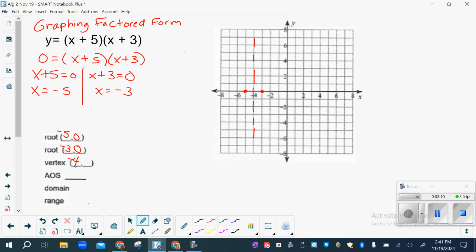But what would we do to find the y value of our vertex? We want to plug it into our equation. So we have y equals -4 plus 5 times -4 plus 3.